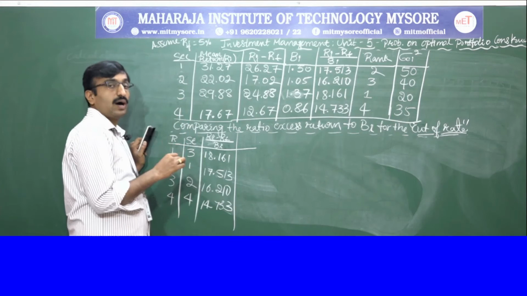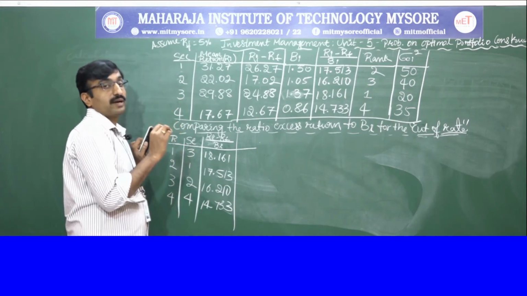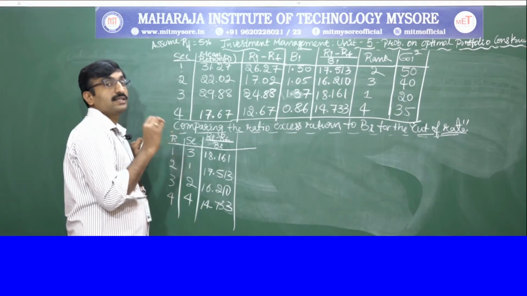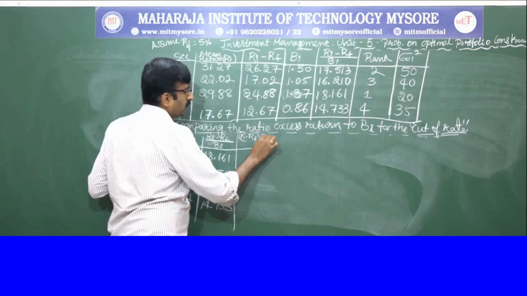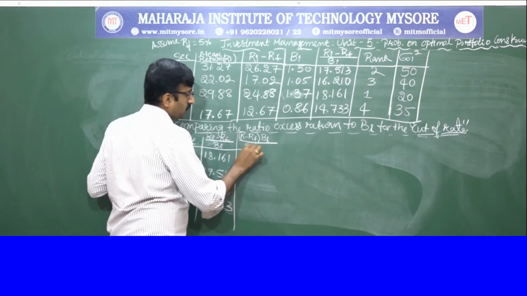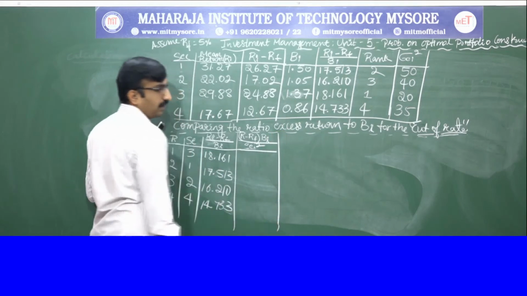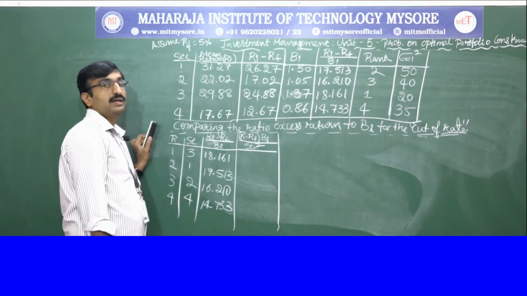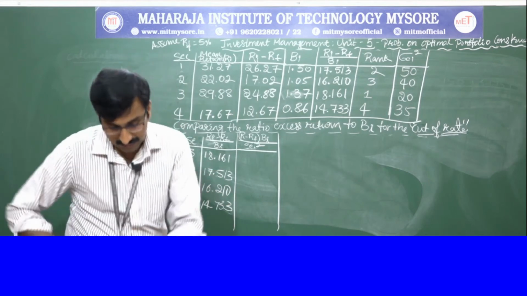So next moving on to Ri minus Rf into Bi, all divided by standard deviation Ei square. Ri minus Rf into Bi of the individual security, divided by standard deviation Ei square. So do the calculation of that one.